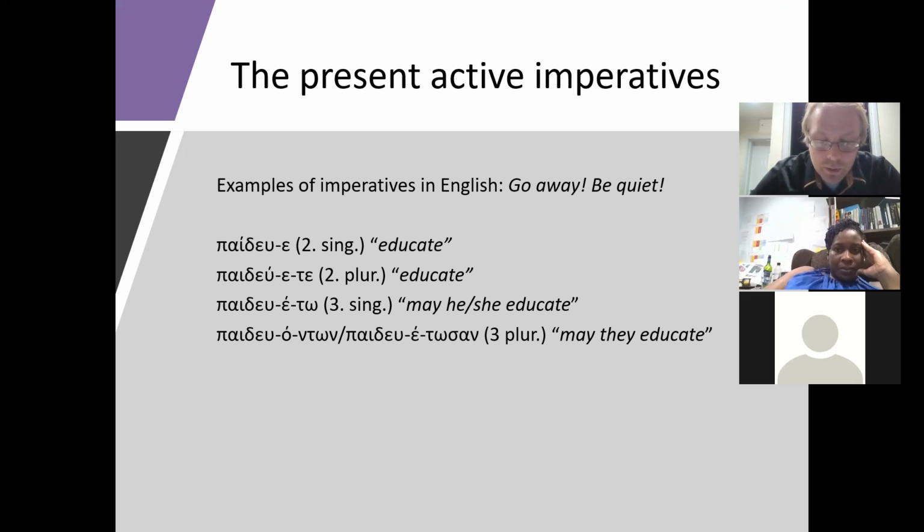And in these forms, you may again note the presence of the thematic vowel epsilon or omicron, which falls between the ending and the root of the verb forms. And the meaning of these imperatives in the third person would be may he, she educate and may they educate.